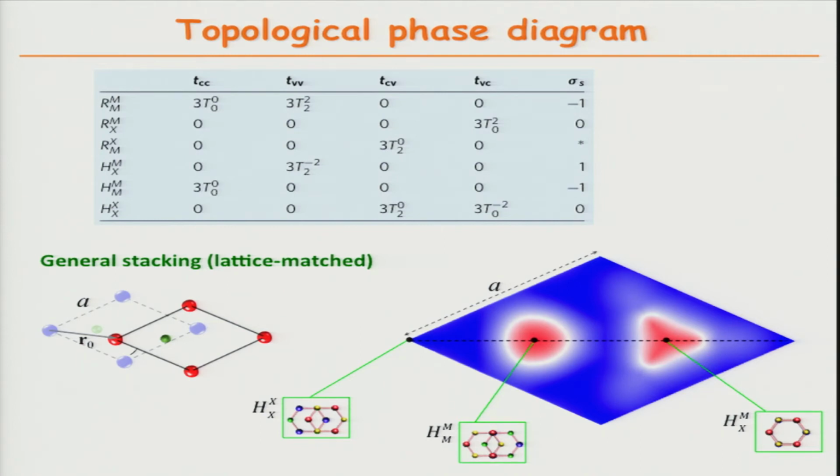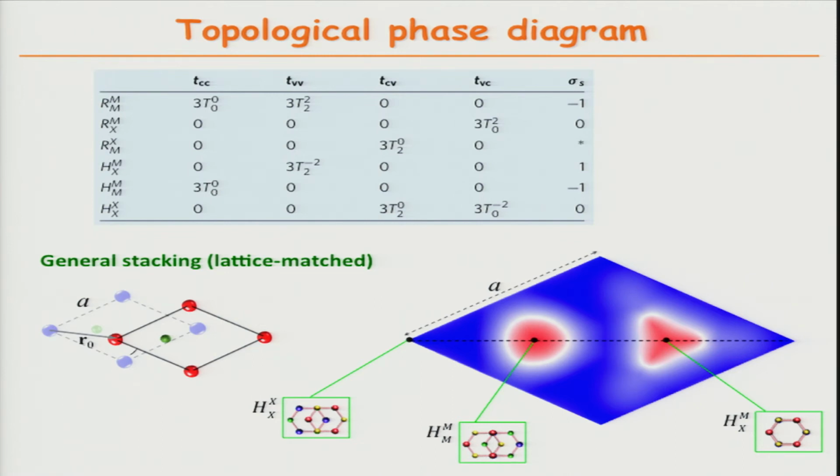So this corresponds to metal on metal or metal on calcium, but in general, you can also have a general in-plane displacement between the two. And we can use this phase space, where each point corresponds to an in-plane translation vector, to describe the topological phase transition in such a space.